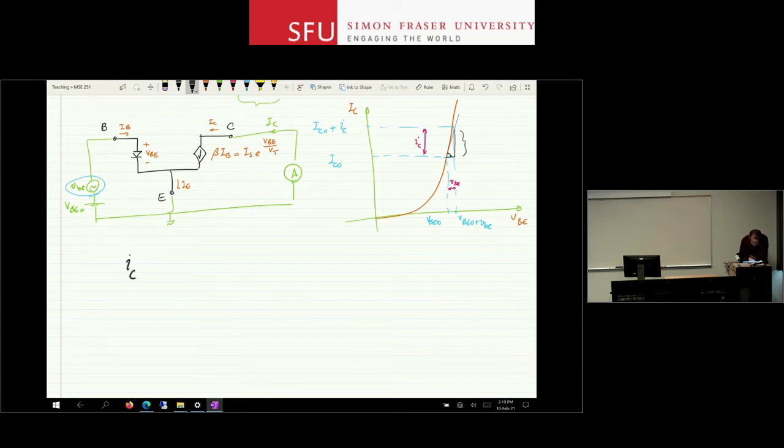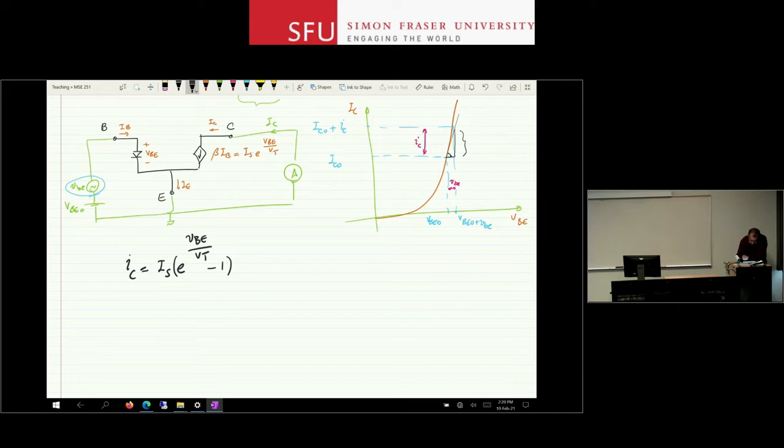So IC, I know, is given by this expression, IS e to the VBE over VT. I'm writing it as a signal that has both AC and DC components. If you want, you can add the minus 1 here as well, but as we said, for a device that is turned on, that's really small.